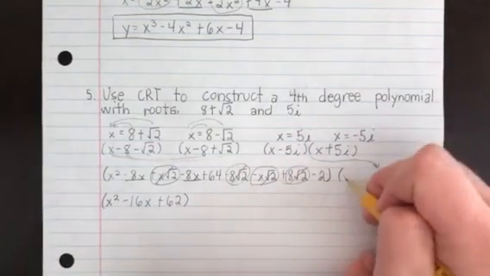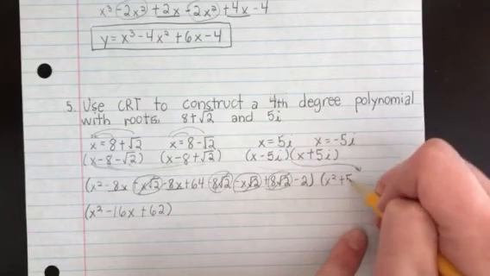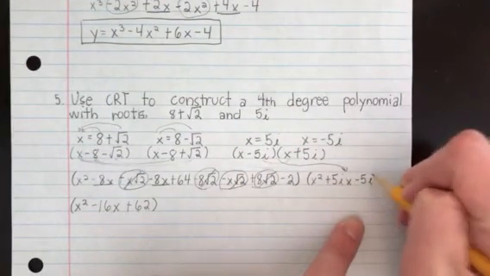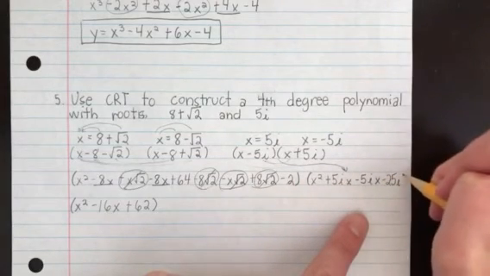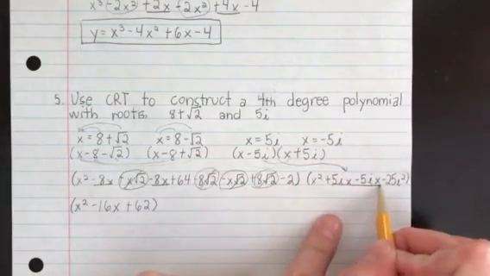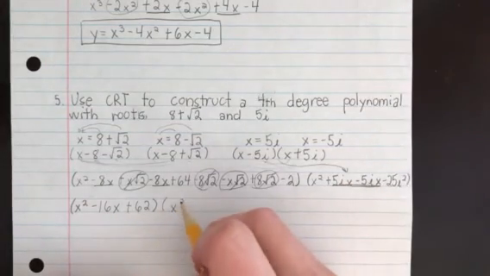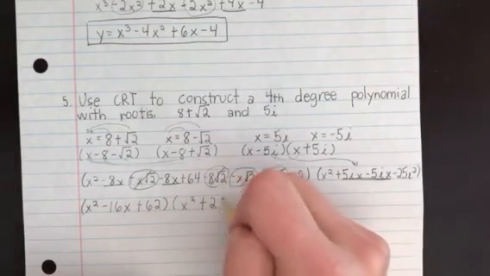So x times x is x squared. x times 5i is 5ix, and then negative 5ix, and then negative 25i squared. Again, conjugate pairs, when they're binomials, the middles cancel. That's super easy. So I've got x squared, and then that turns to a plus 25.